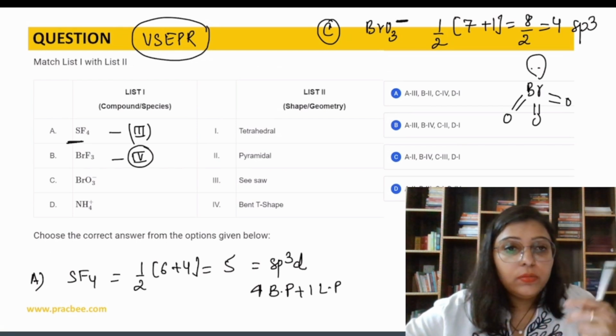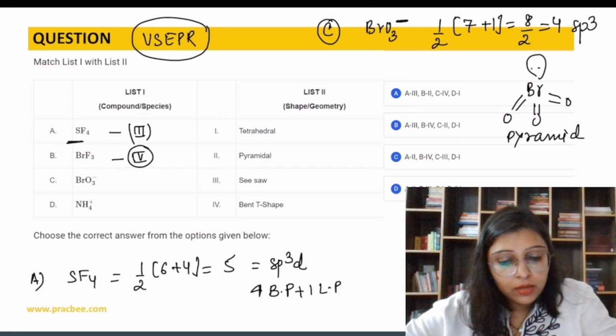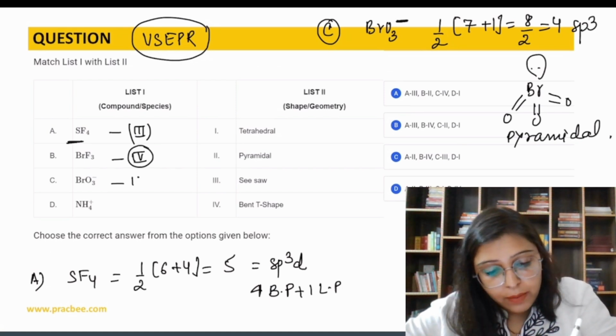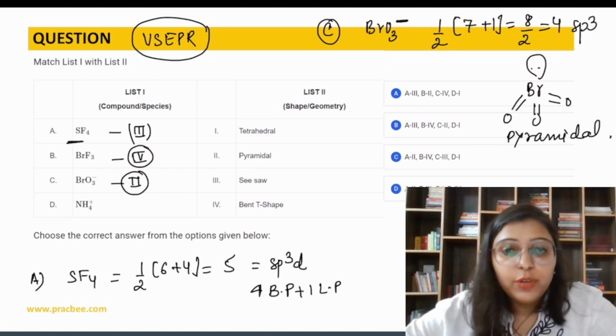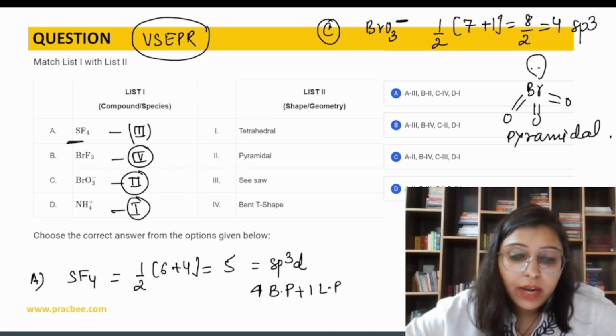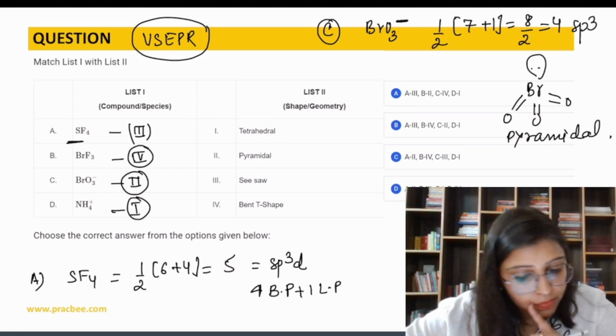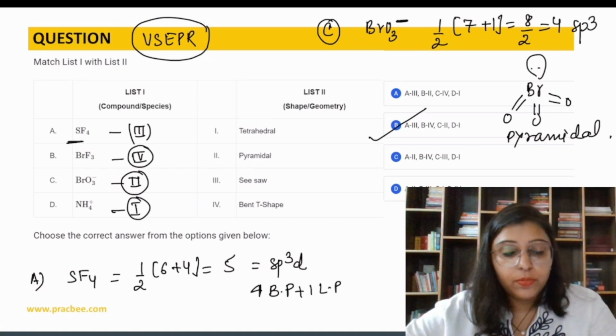So it is going to be pyramidal. So C is pyramidal. Okay, and ammonium is going to be tetrahedral. So on the basis of that, we can say A option 3, B 4, C second, and D first. So option B is the correct option.